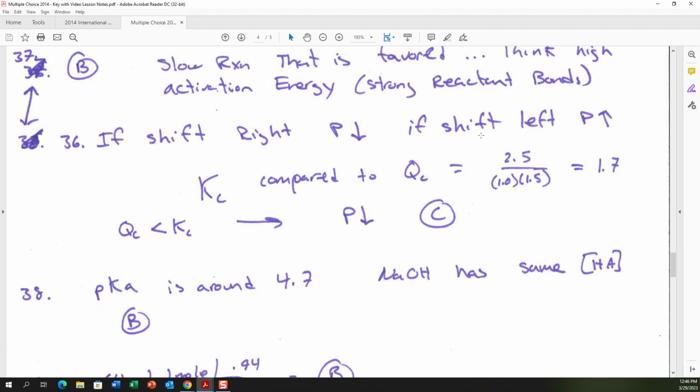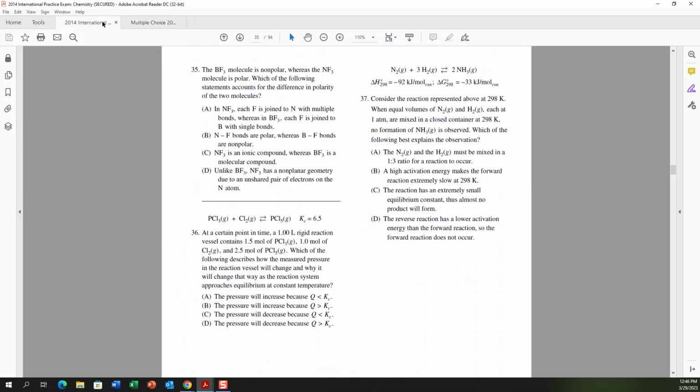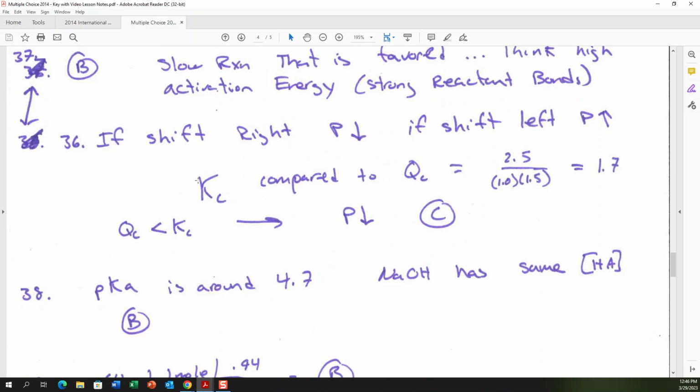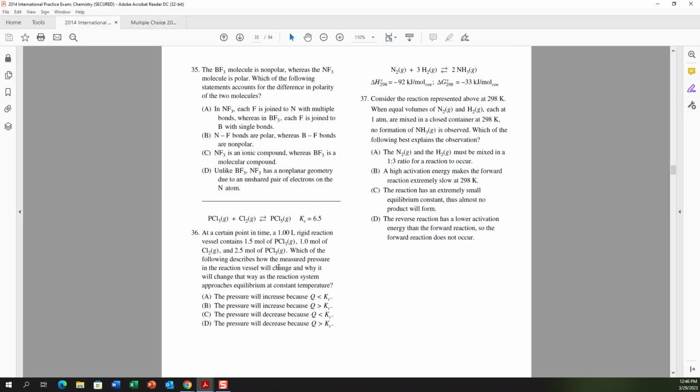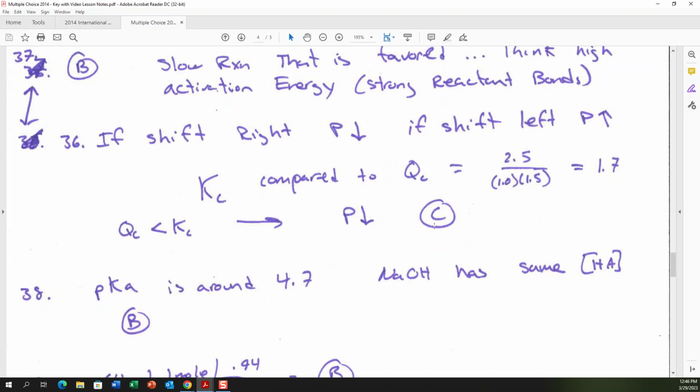QC comes out to be 1.7, and KC was 6.5. So Q is less than K. That means it's going to shift towards the products, but because the products have fewer molecules of gas, pressure is going to go down. So the pressure is going to decrease because Q is less than K. So the answer should be choice C for number 36.